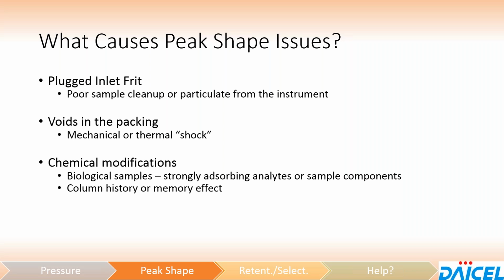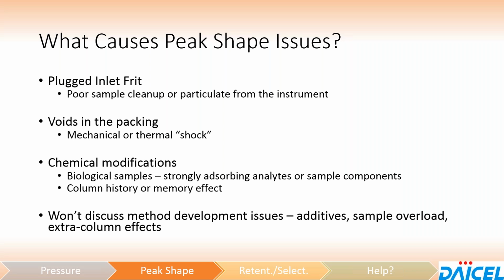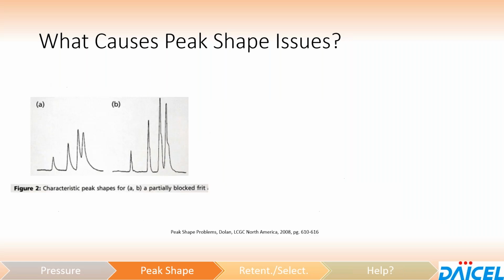We'll kind of talk about that in a couple of slides from now. What we won't be talking about in this section are method development issues, so things like additives or potentially needing to optimize your additives, sample overloading, and other extra column band broadening effects that can have a dramatic effect on the peak shape as well. This is strictly related to issues with the column.